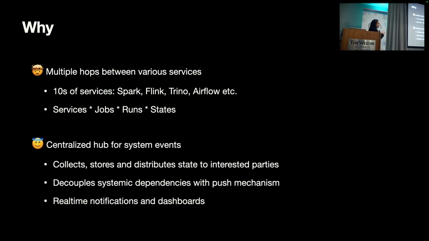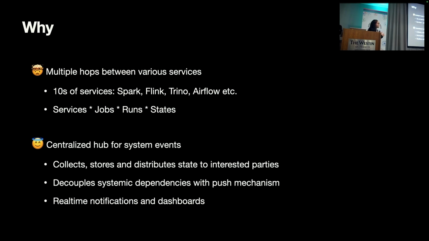It decouples system dependencies with a push mechanism. You can imagine a Jupyter notebook triggering a Spark job. There is generally a polling mechanism or a constant log streaming between the parent and the triggered job to sync the status. And if it is a long-running job, you would need large retry numbers to manage some failures related to network issues or the pods getting reassigned, those kinds of failures.